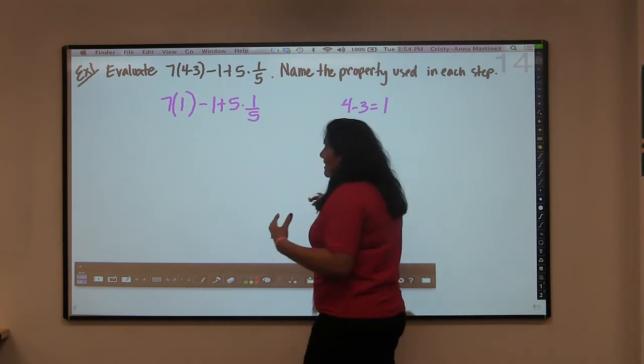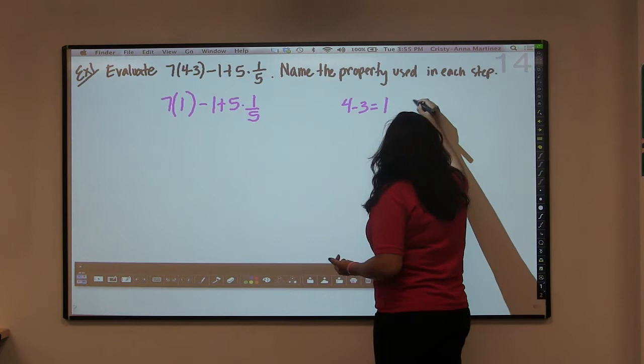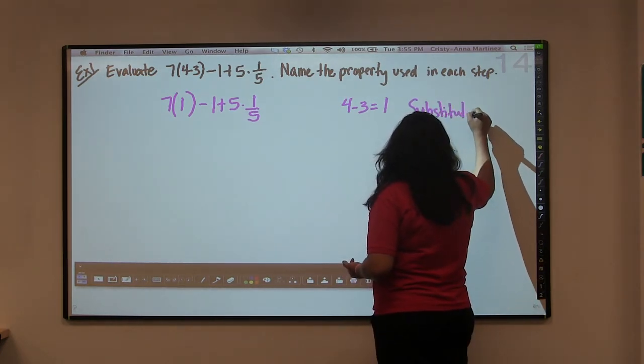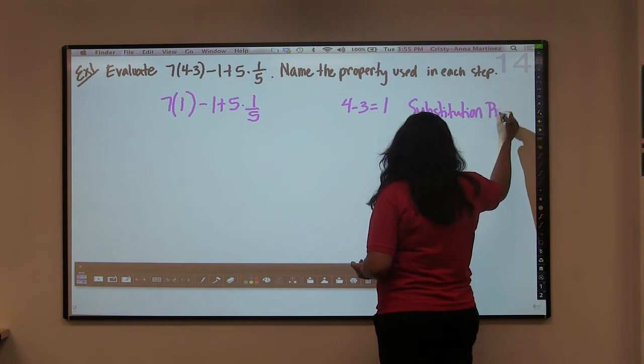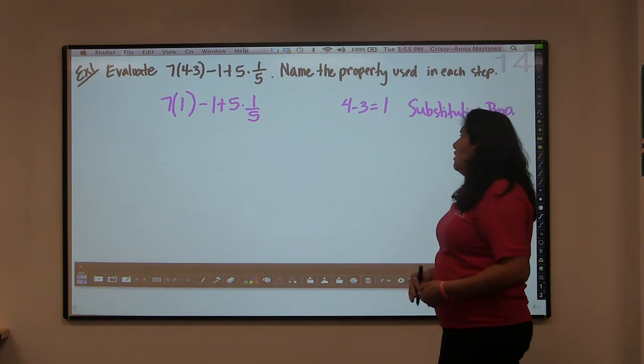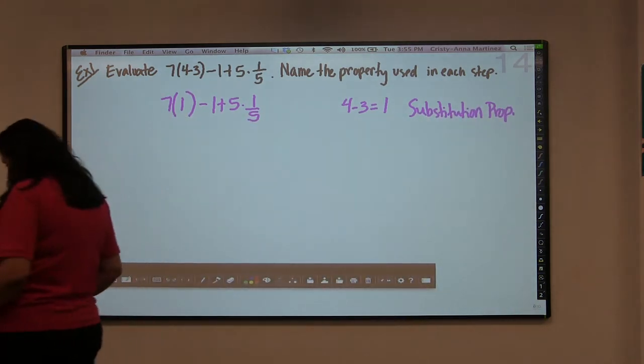But basically what we did is we replaced the 4 minus 3 with the 1. So that is the substitution property of equality. Because if 4 minus 3 equals 1, we're replacing the 4 minus 3 with the 1.